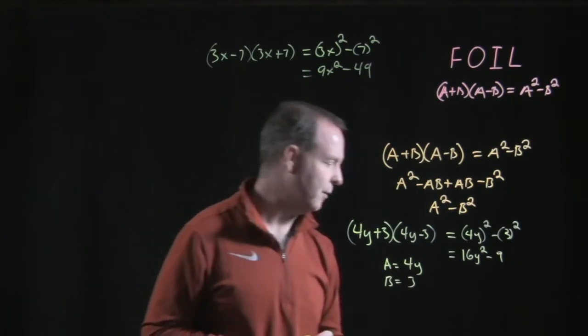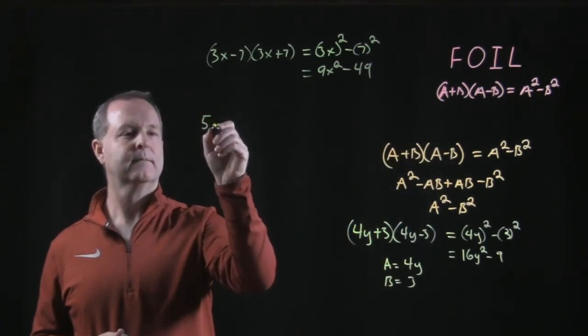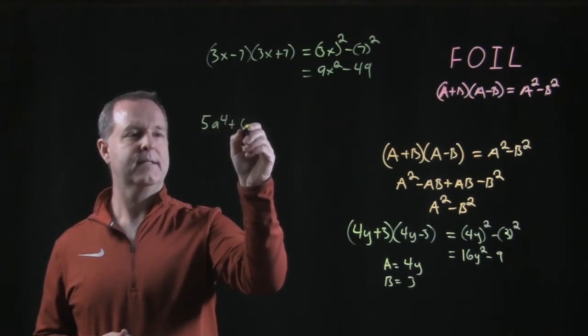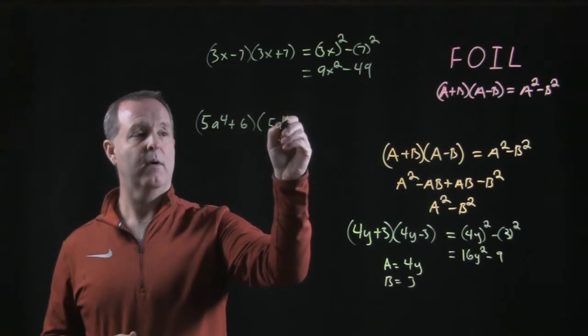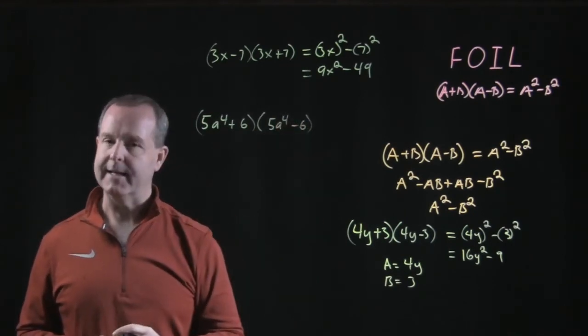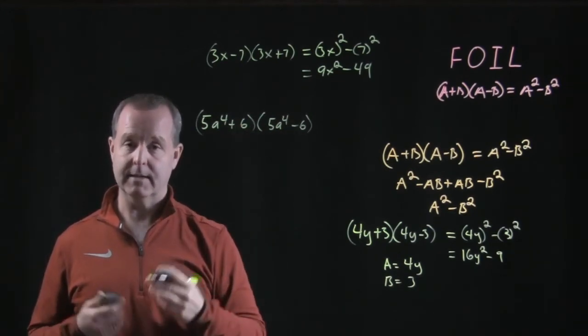Very, very cool. And let's look at 5a to the 4th plus 6, multiplied by 5a to the 4th minus 6. Again, I need to recognize this being the same binomial, except the middle sign is opposite.